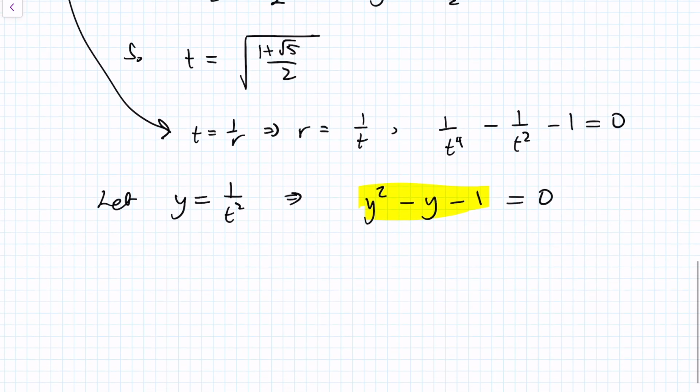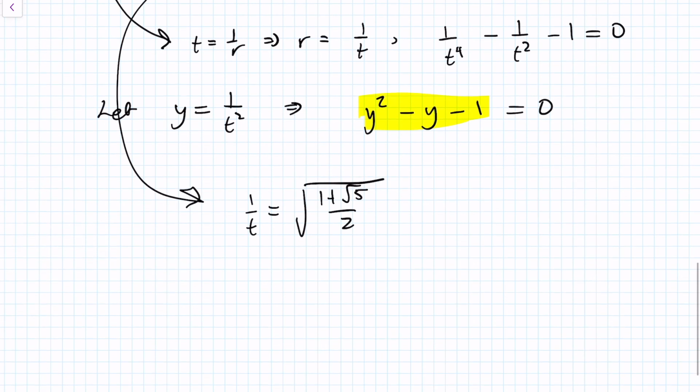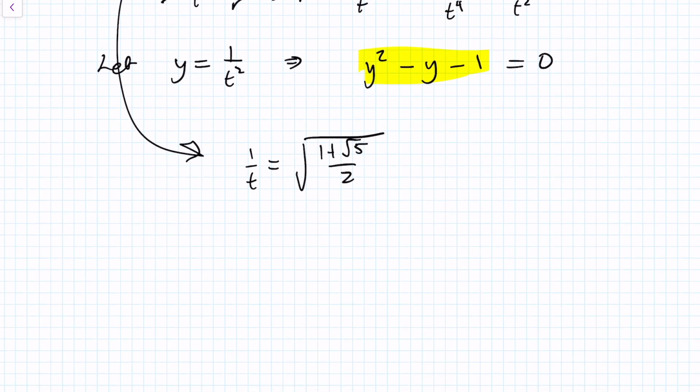But this time, instead of t is equal to that, we will have 1 over t is equal to that, because 1 plus root 5 over 2. And the reason for that is because this time y is equal to 1 over t, yeah? But now that means t is equal to 2 over 1 plus root 5 square rooted.